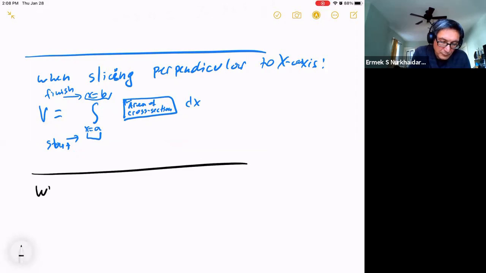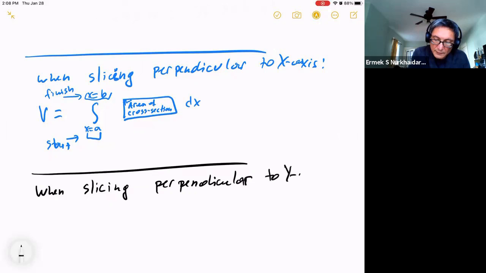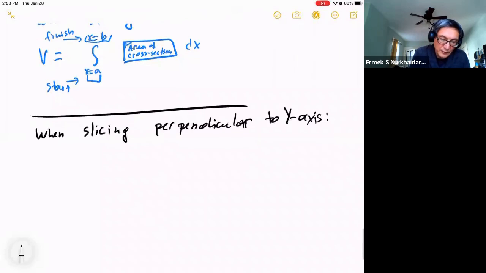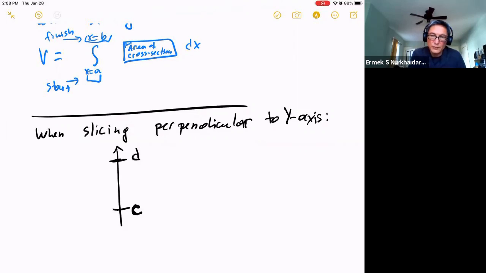When slicing perpendicular to the y-axis, let's look at the picture. We're going to slice the y-axis. We start somewhere at y equals c and finish somewhere at y equals d, and then we start making our slices. I'm not sure how a slice is going to look.